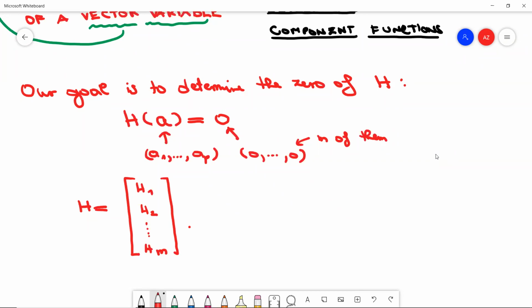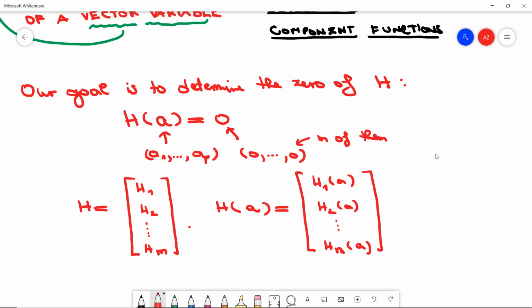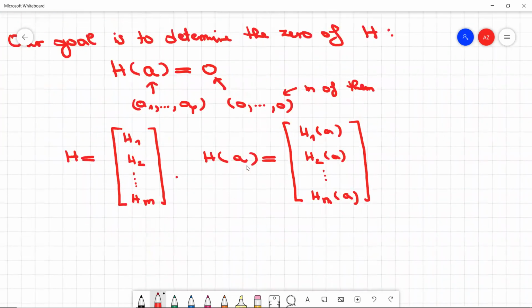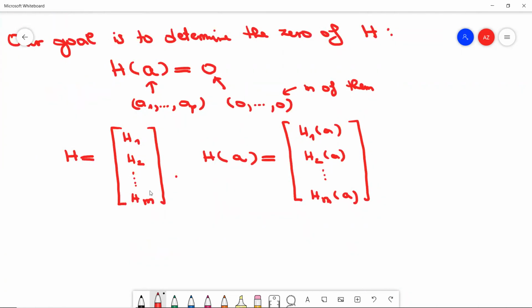And how do we calculate the value of h in the point a? It is just h1 on a, h2 on a, up to hm on a. So it's not a matrix, it's a vector of functions. And we calculate each function in the point, and we get a vector of real numbers.